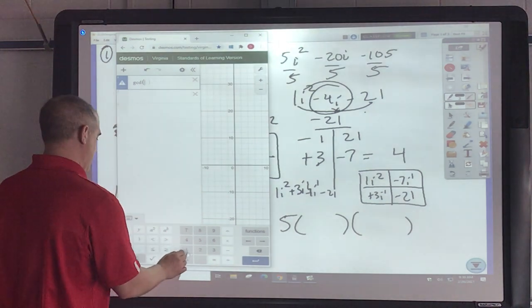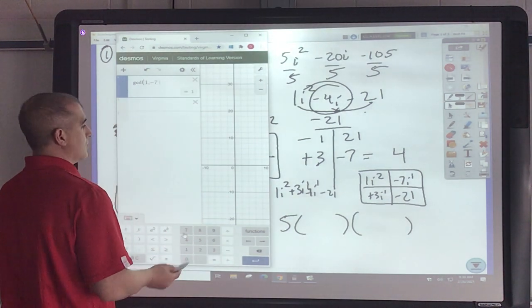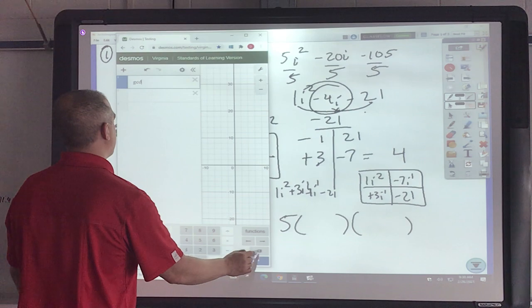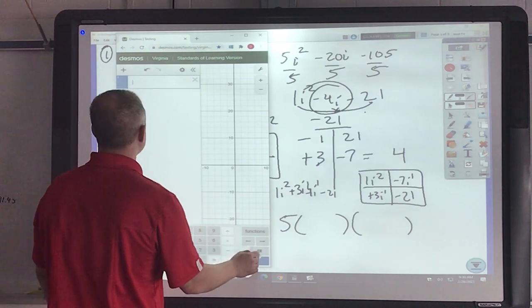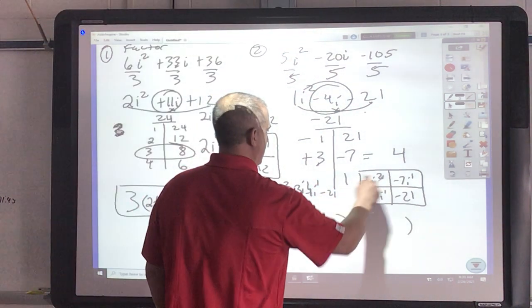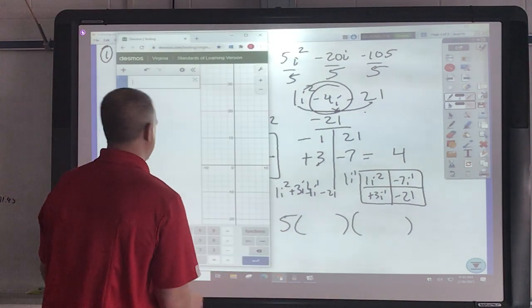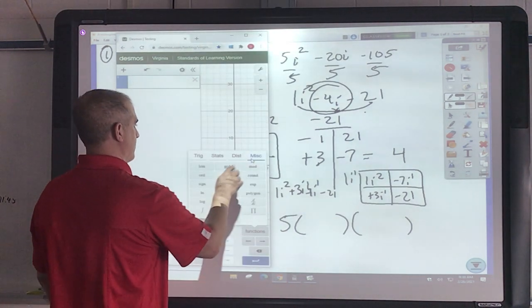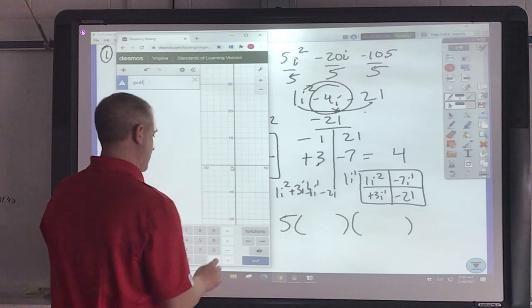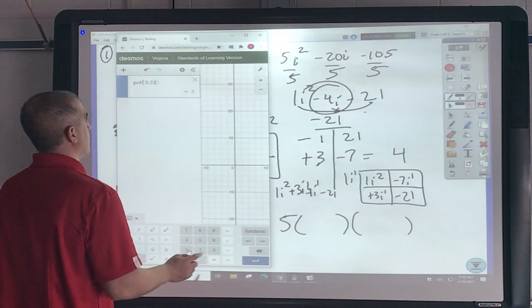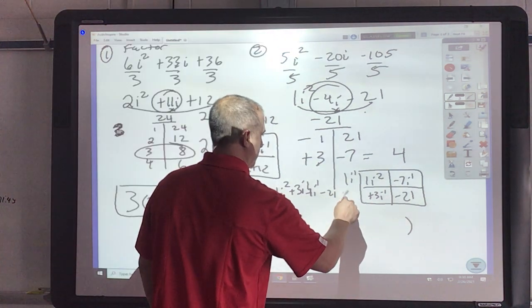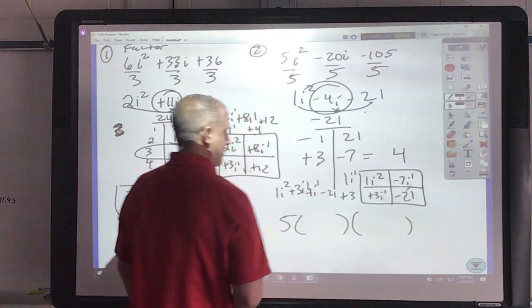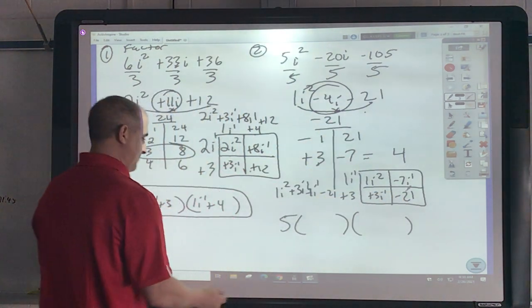I got 1 and negative 7, which gives me 1. The other one as well: 1 and both have an i, so i to the first. Then 3 and 21 gives me 3, positive because that's a plus there. No i.